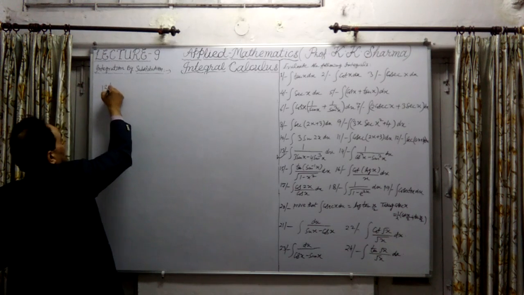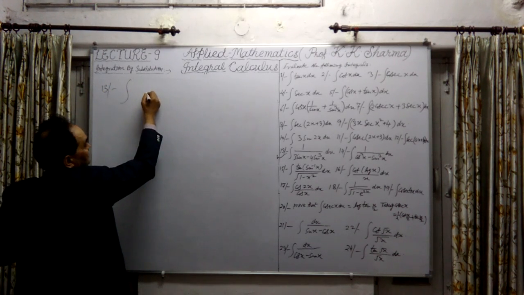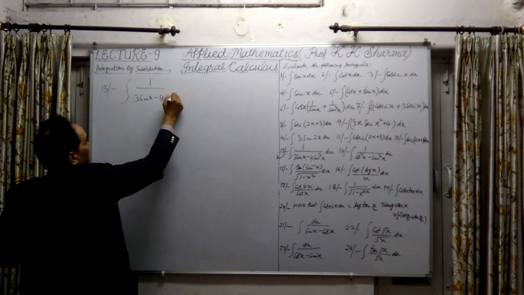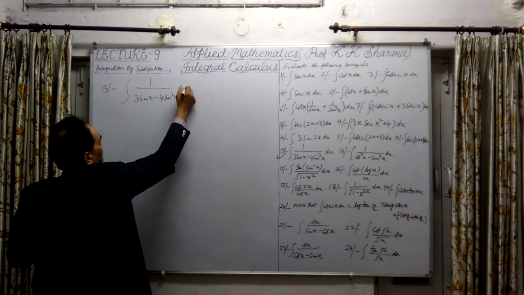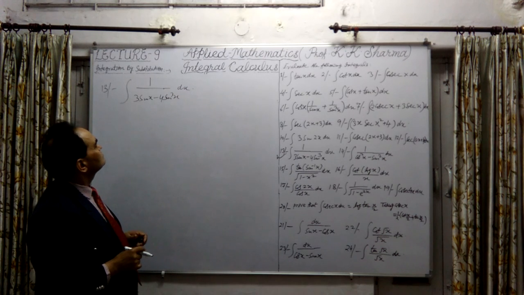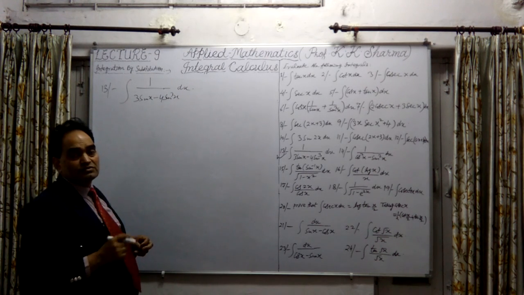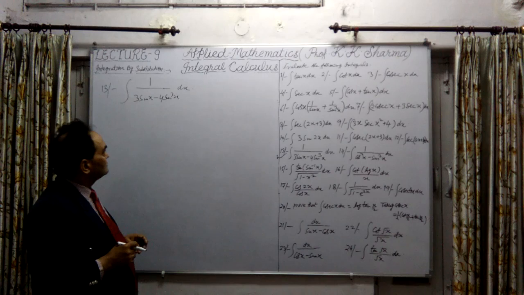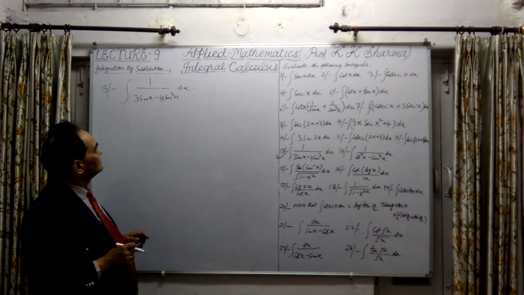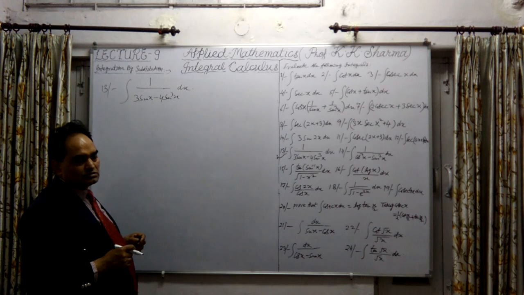If I take the 13th question again, integration of 1 upon 3 sine x minus 4 sine cube x into dx. Okay, this is the sine 3x formula.